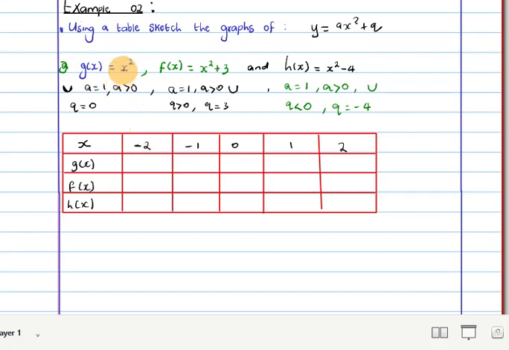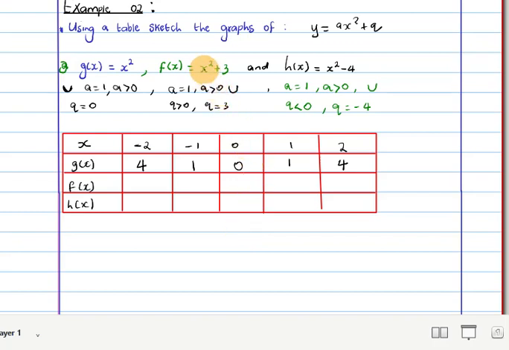So -2 squared becomes 4. Then -1 squared gives 1, 0 squared is 0, 1 squared is 1, 2 squared is 4. It's easy on this table because I picked just a few possible inputs.